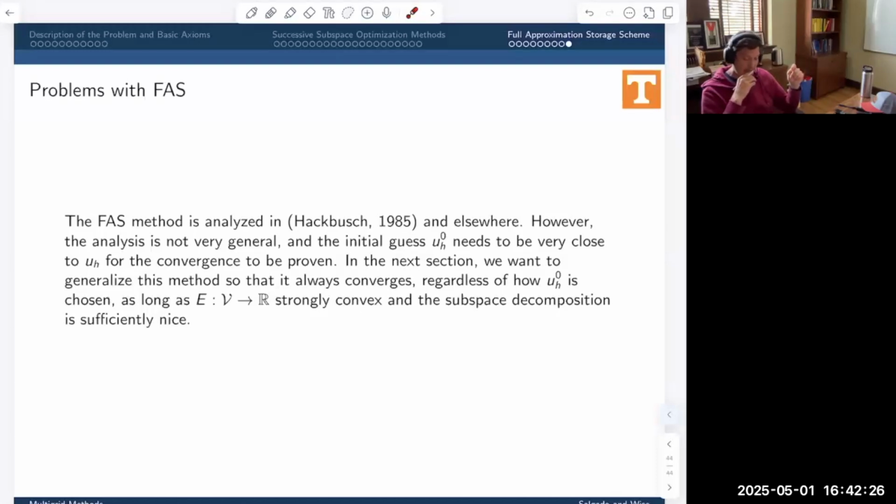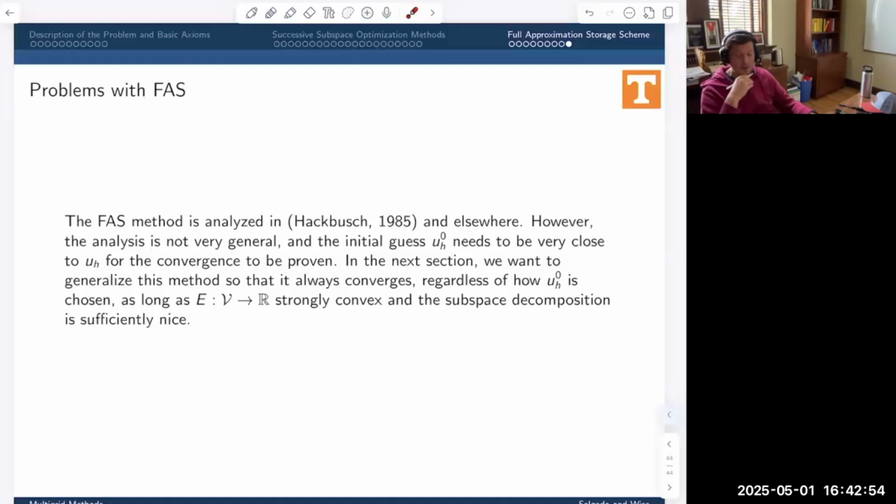It converges much more rapidly than, let's say, SSO. It's much cheaper. But analyzing why and how it converges is not as easy as proving that the SSO method converges. For one thing, SSO converged globally.